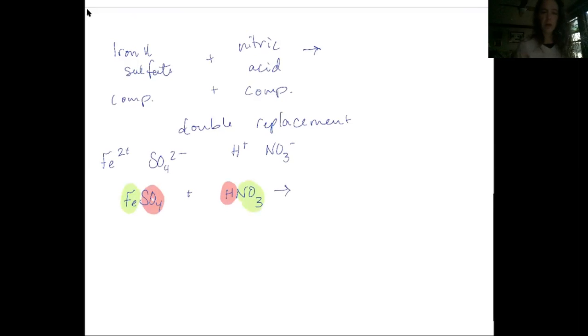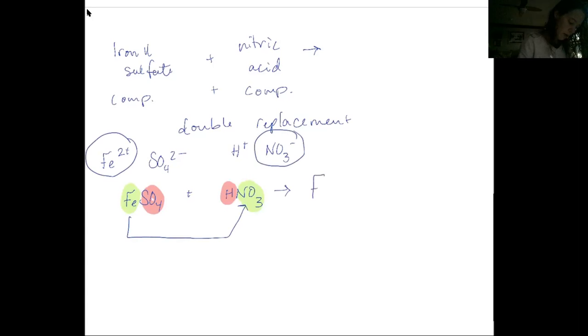We are assuming these reactions occur, okay? It's not the point. So iron is going to go with nitrate. Iron has a charge of 2. Nitrate has a charge of 1. That makes Fe(NO3)2. And hydrogen is going to go with sulfate, hydrogen, sulfate.